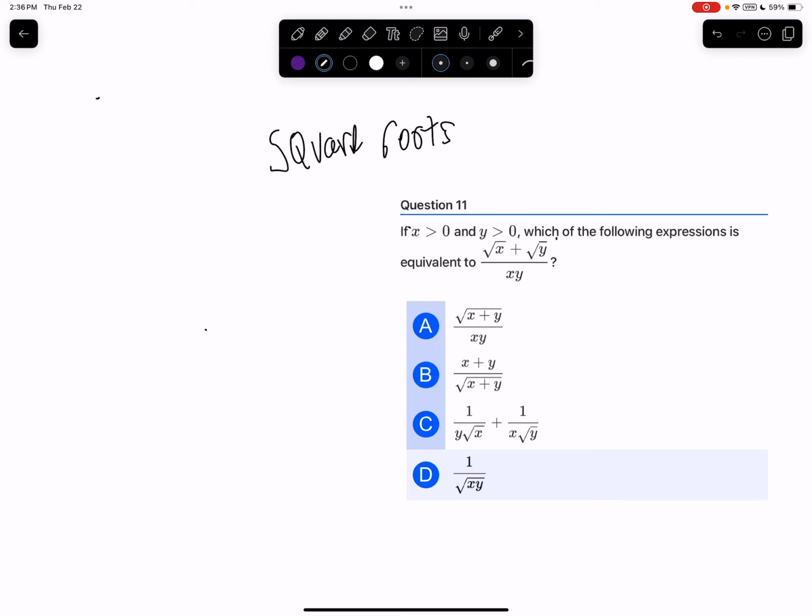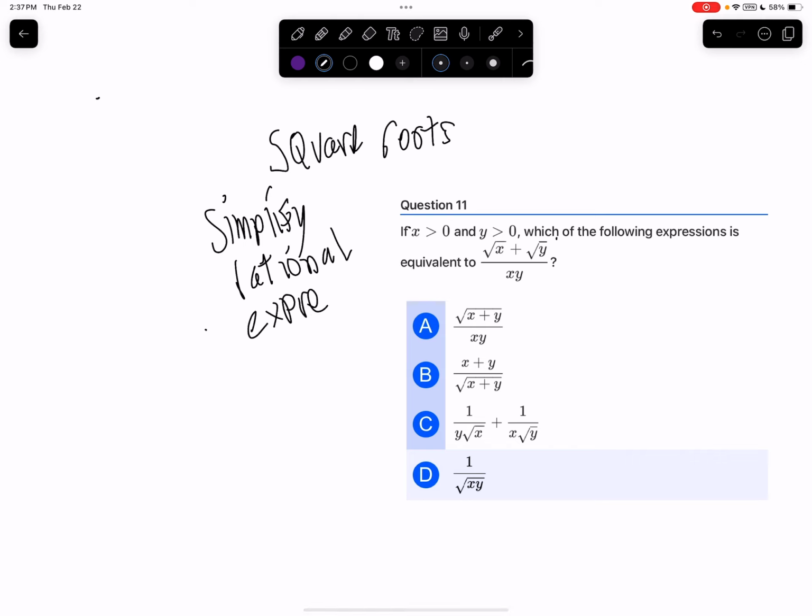And you can type this into Google: square root, simplify, rational expressions, that's supposed to be an S, 2 S's actually, rational expressions, okay? So, yeah, that was C.